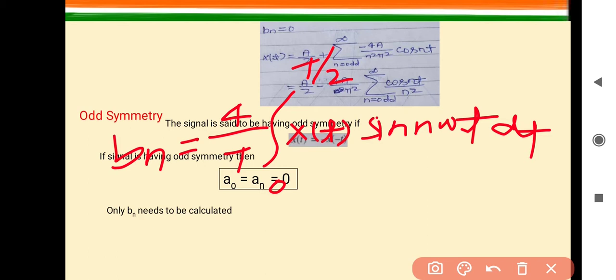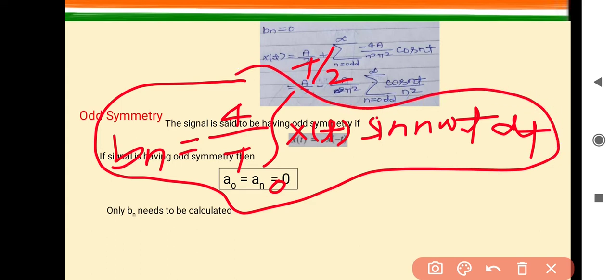If we are able to identify that the given signal has odd symmetry, then directly we can say that a naught and an will become 0, and by using this formula we have to calculate bn only.